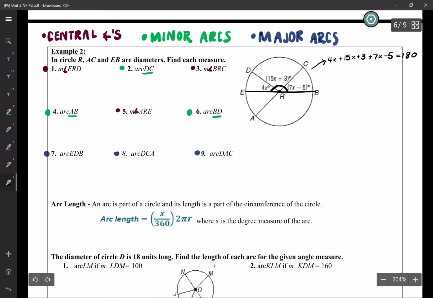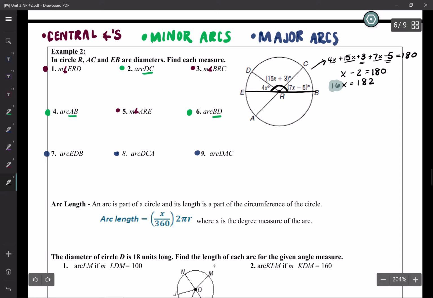Let me combine like terms, so that's 4x plus 15x plus 7x. So that's going to be 26x. And then we have 3 and negative 5. That's minus 2 equals 180. Using inverse operations, you're left with 26x equal to 182. Not 16x, my bad.